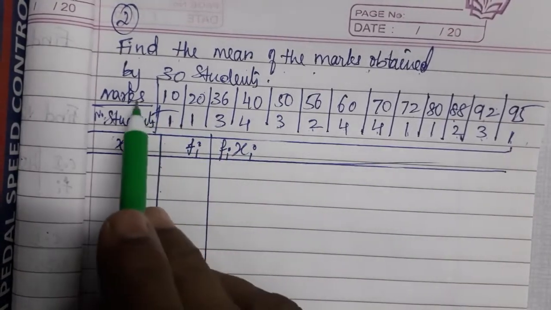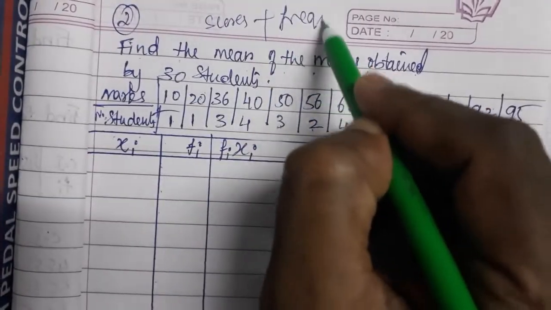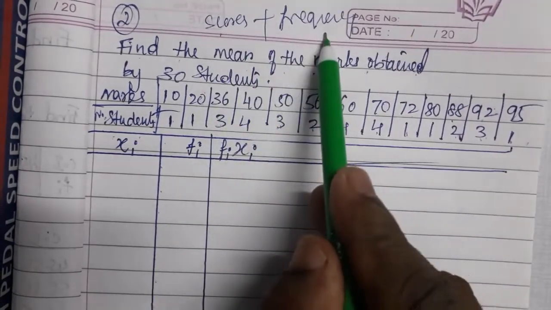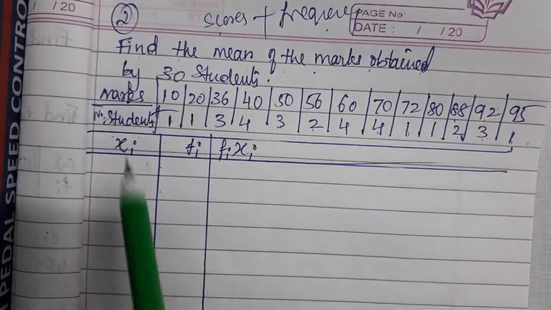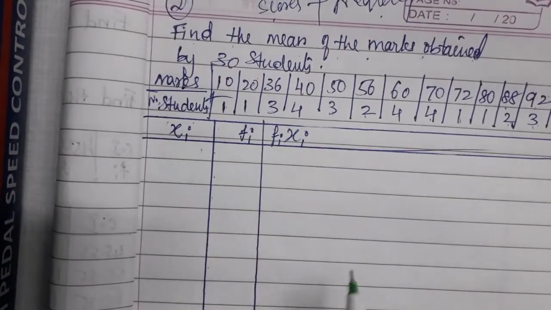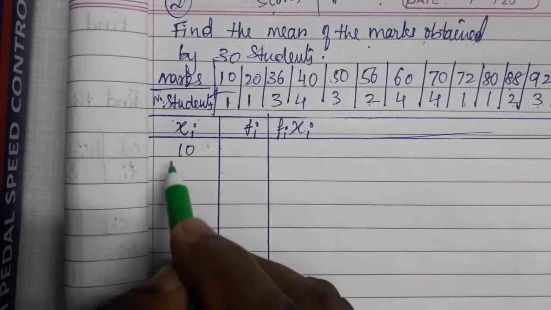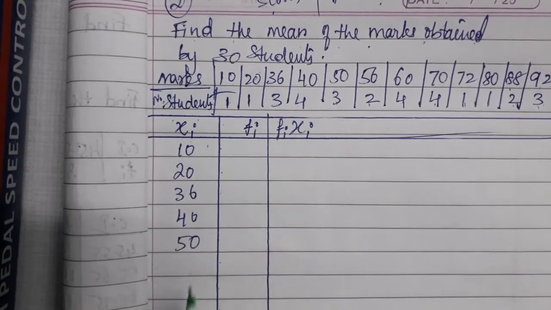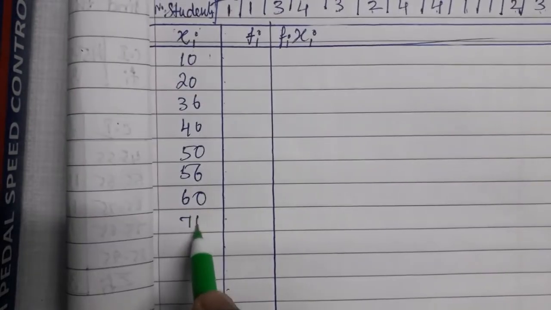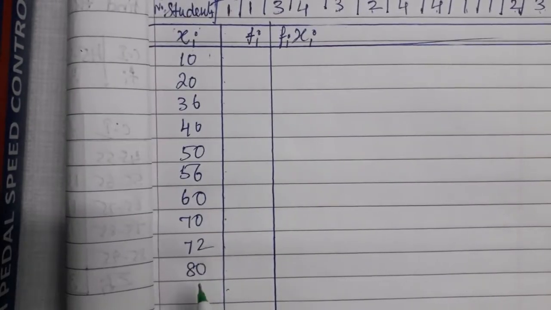So in this sum you can notice scores are given plus frequency is given. This is the method you have to follow. Now we will list all these scores one below the other under the heading X. So I am writing here 10, 20, 36, 40, 50, 56, 60, 70, 72, 80, 88, 92, 95.